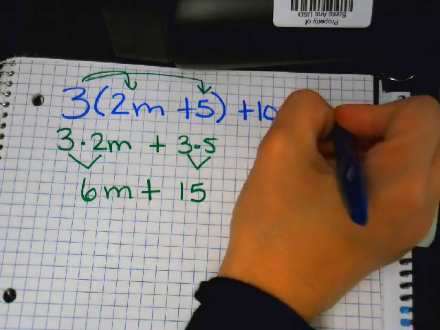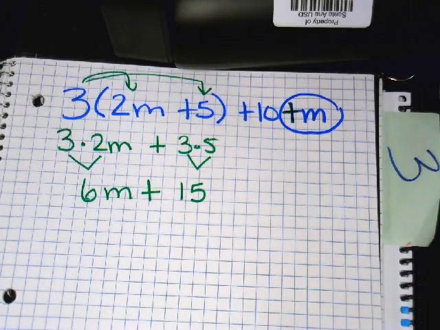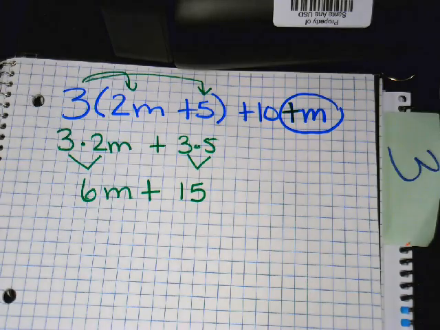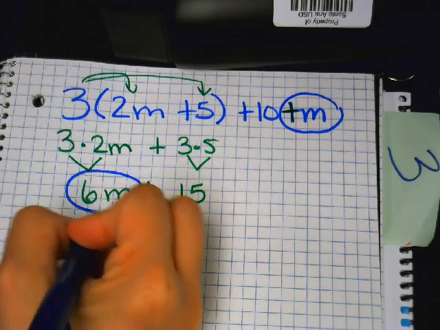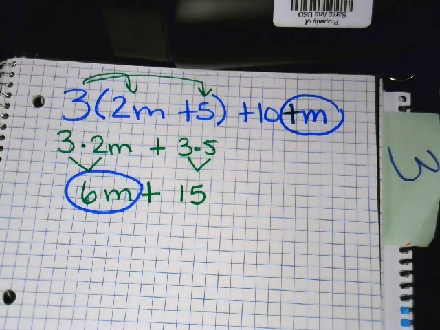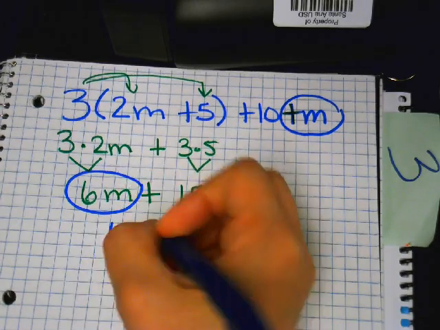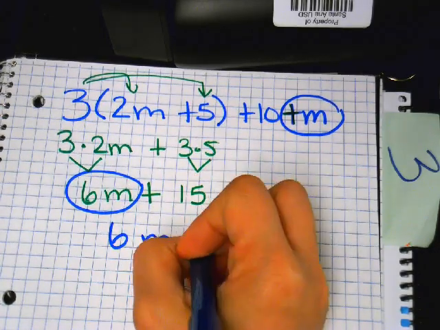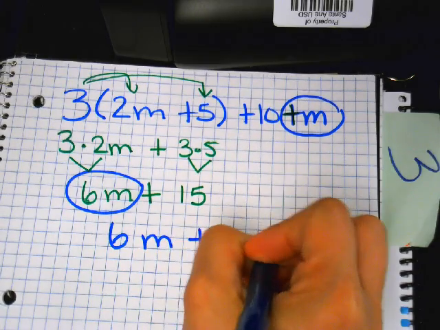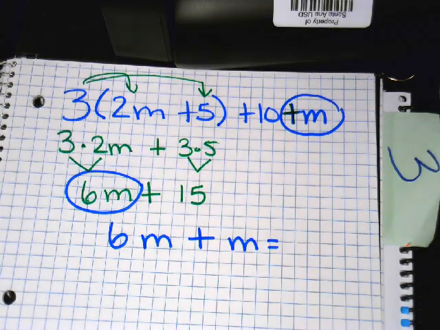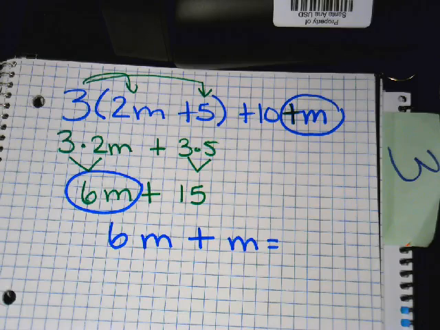The 6m and the m. Why are these two similar? Write this down because you're going to need it for your classwork. 6m plus m.